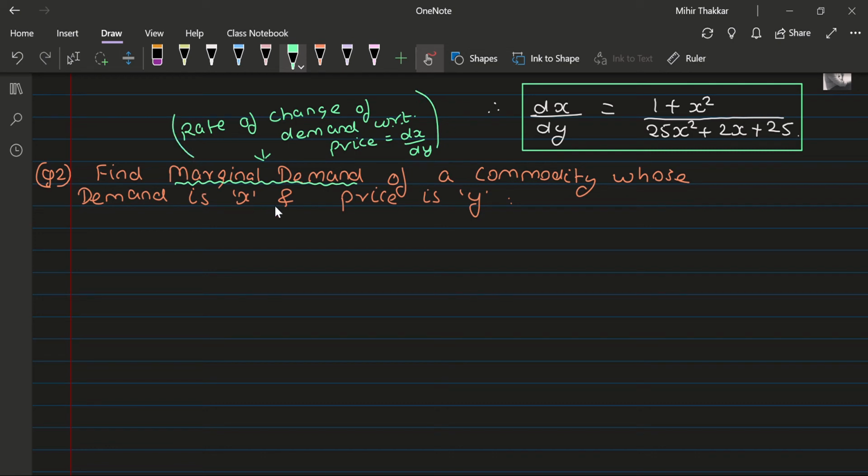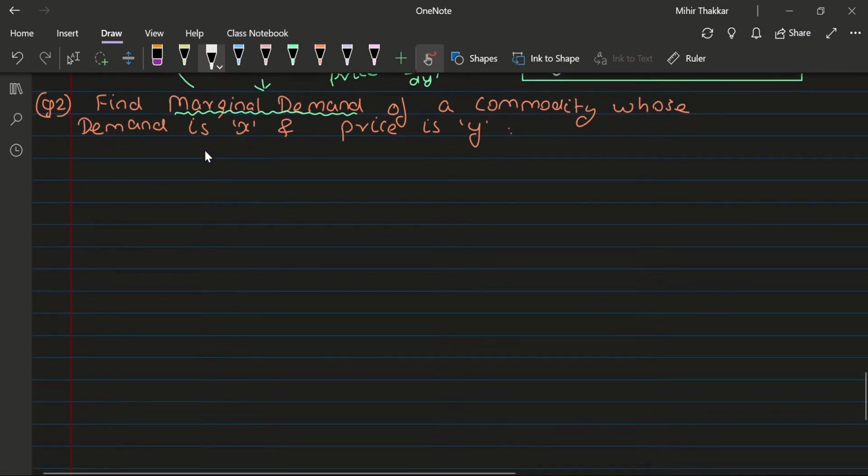So in question number 2 also, we have to do the same thing. We just have to find the rate of change of x, but instead of writing rate of change, we will write it as marginal demand. Let us see how we apply that in our first question.